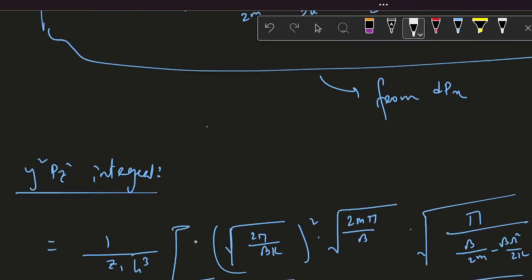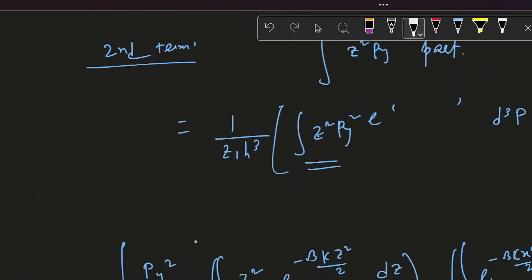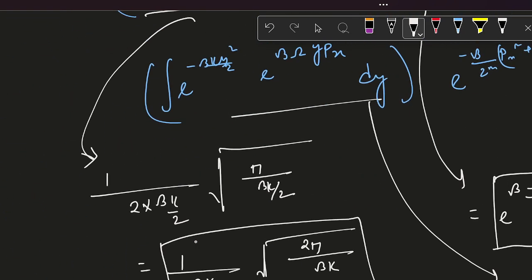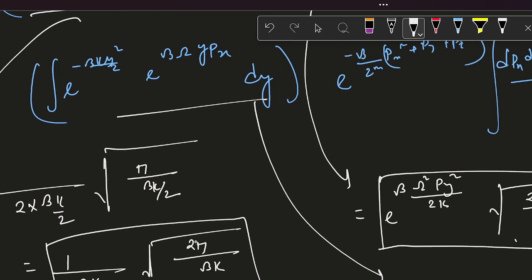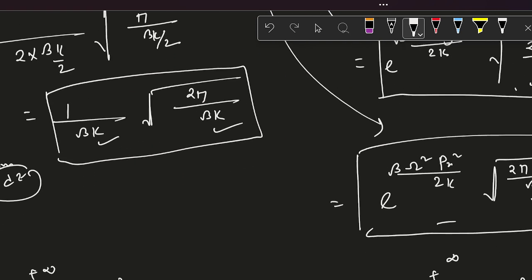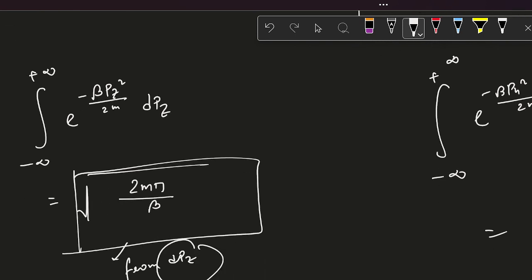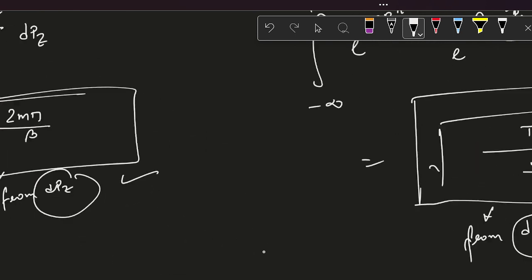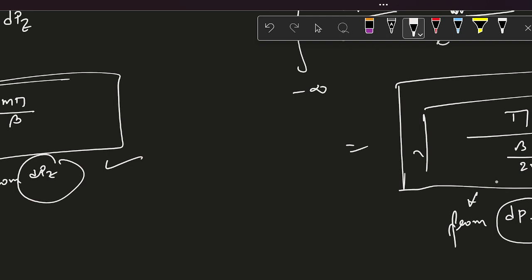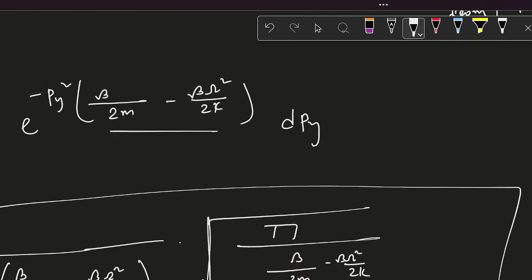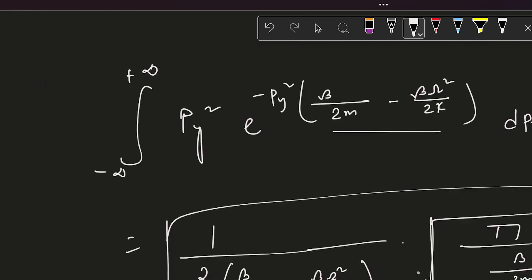So what are the separate terms? First of all, you have this 1 by βk root over 2π by βk. So you have three 2π by βk's. So 2π by βk to the power 3 by 2 into 1 by βk into 1 root over 2mπ by β into, you have these two terms, so the square root actually vanishes and it is a simple term.